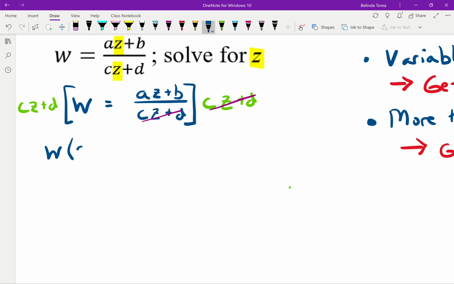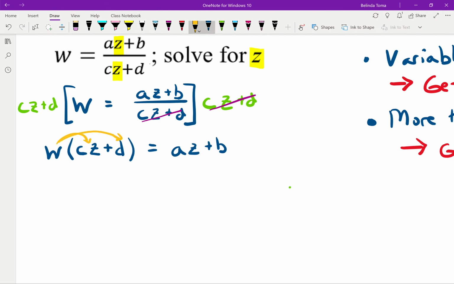It doesn't really matter with the distributive property, but that's just a little bit easier sometimes to see. And then here we're going to ask ourselves, well, do I want to distribute or not? In this case, you actually do, because you're going to need to group the z that's on the left with the z that's on the right, and there's no way to do that unless you go ahead and distribute the w in so that you have a single term.